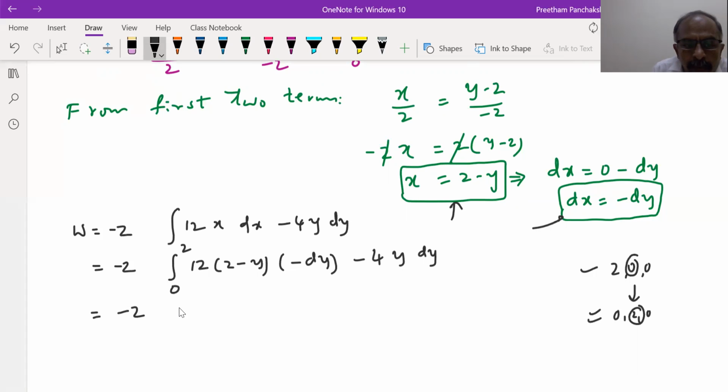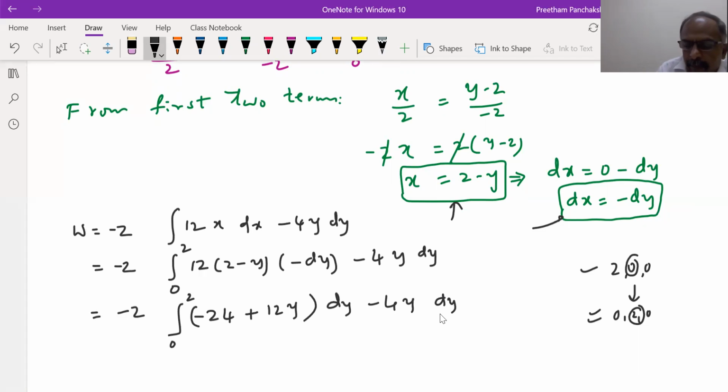So minus 2, let us simplify the mathematics. What happens here? We'll have 24, and here is minus for everything, and again minus into minus gives plus 12y dy minus 4y dy.